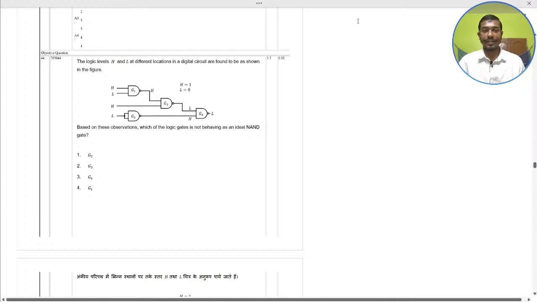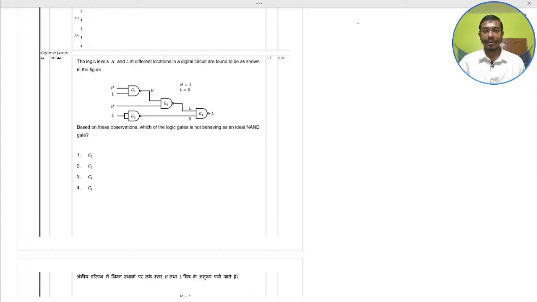The logic gates' H and L levels at different locations in a digital circuit are found as shown in the figure. Based on this observation, which one of the logic gates is behaving like a NAND gate?